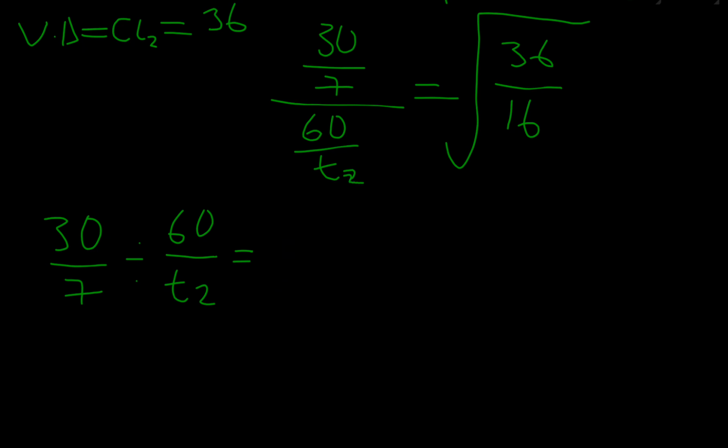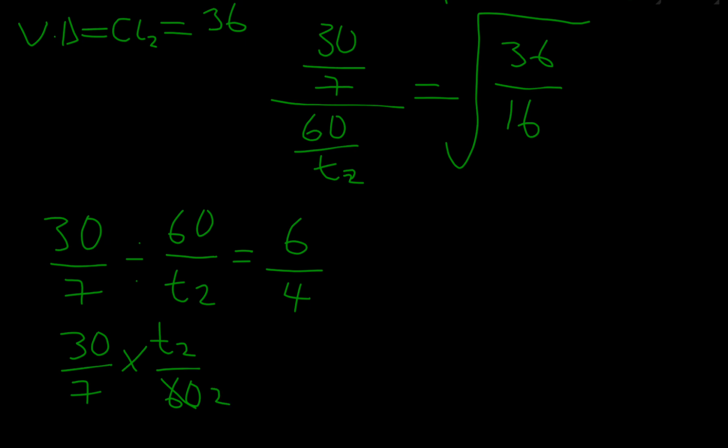The square root of 36 is 6, right? While the square root of 16 is just 4. So now we'll write this as a reciprocal. We'll say 30 over 7 times T2 over 60.